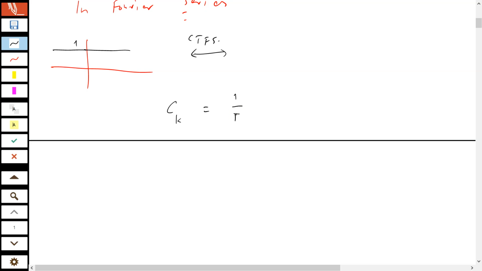What was the formula? 1 over T, integral over any period, of x(t) e to the power minus i k omega naught t dt. So what do we do here? We know T is not defined. So how do we solve this problem?